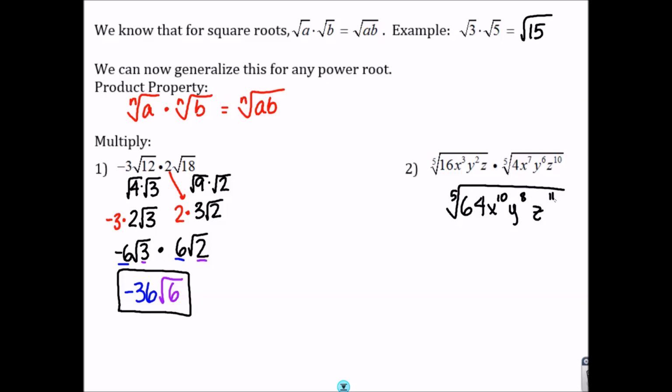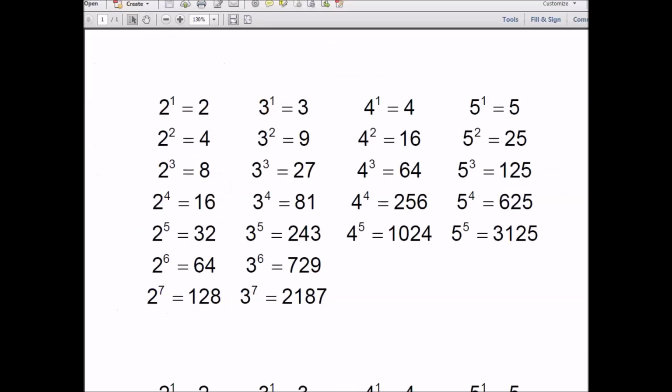Hopefully you remember from the last video that we need to look at the fifth root of 64, the fifth root of x to the 10th, the fifth root of y to the 8th, and the fifth root of z to the 11th separately. So when we're looking at the fifth root of 64, let's go to our power sheet. We're looking at the fifth power row, and I know that 32 times 2 will give me 64.